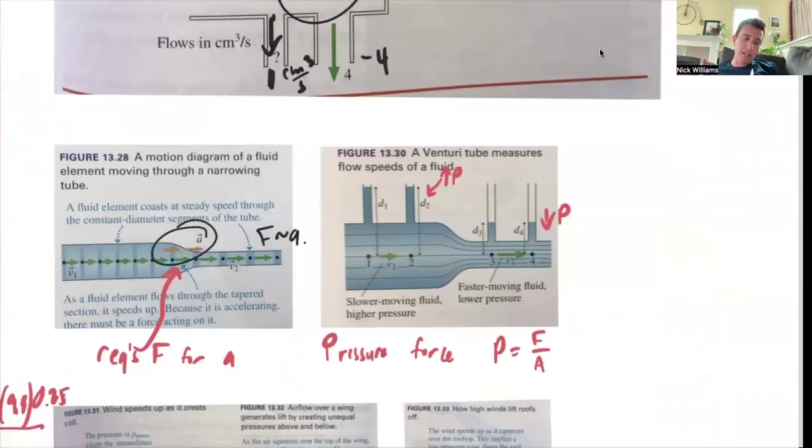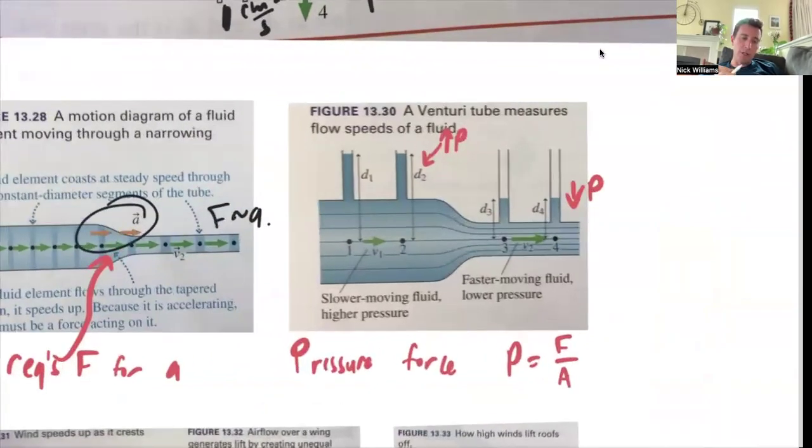I can also measure this using a Venturi tube. Increased pressure versus decreased pressure. Slower moving fluid is going to have higher pressure because the pressure force is force over area.